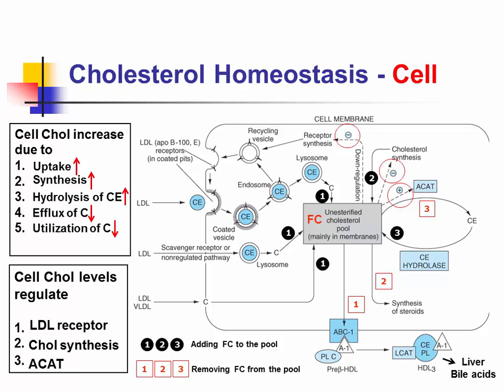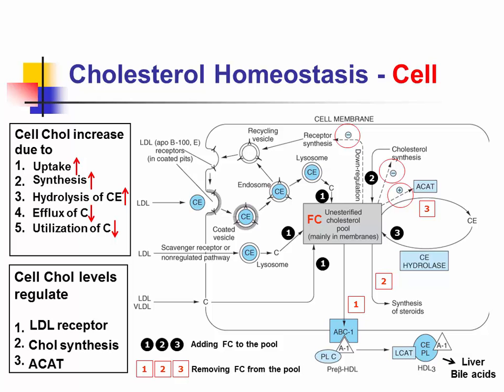So for example, if ApoE deficiency happens, the blood cholesterol levels will be increased, right? Because it cannot be taken up by the cells. And also try to remember LDL receptor is most abundant in the liver, right? So that means uptake mostly occurs in the liver.